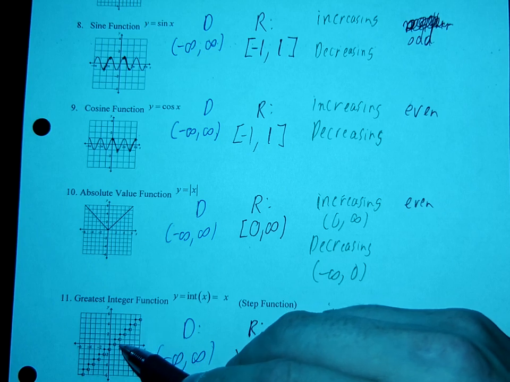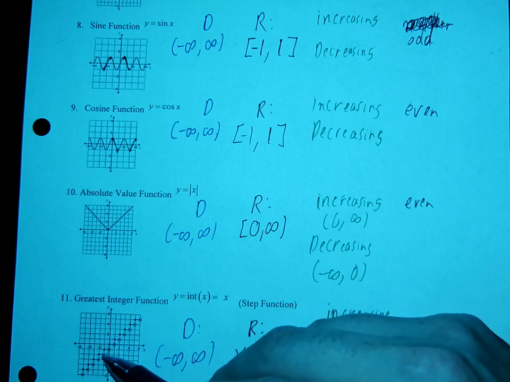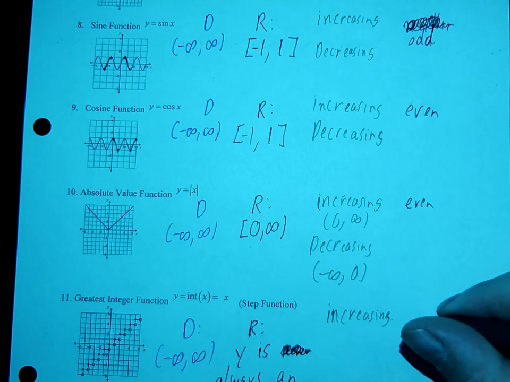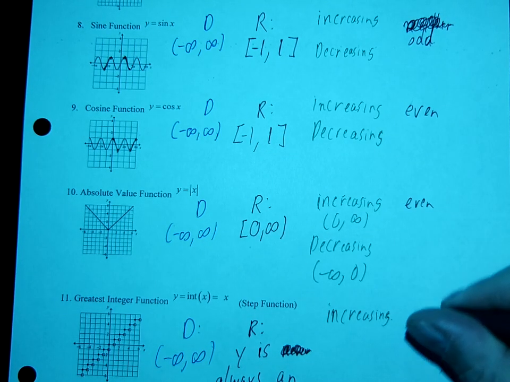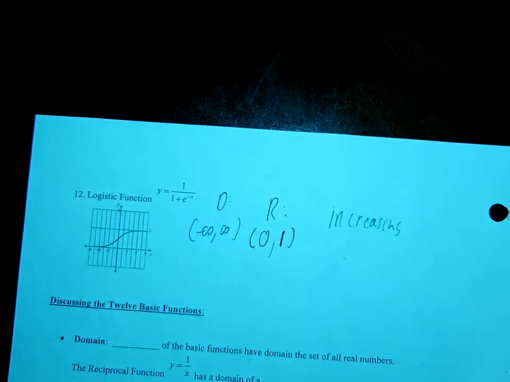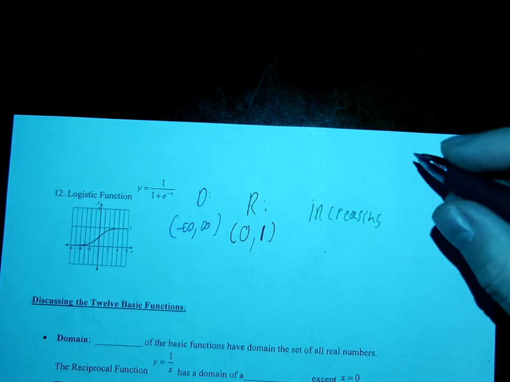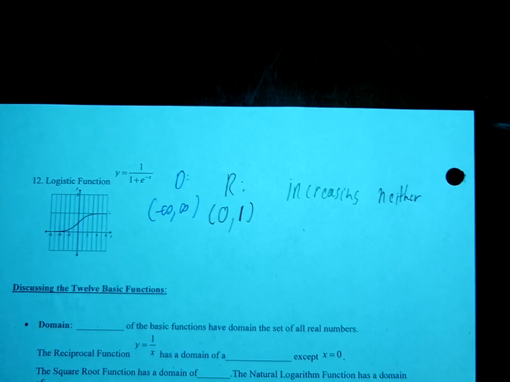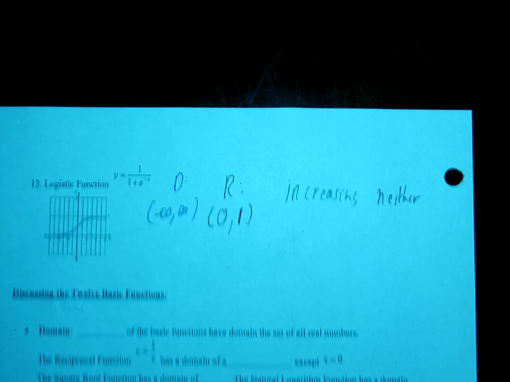And if x was negative 2, y would be negative 2. They're the opposite values. So that is odd. And then on the last page here, even or odd, this would be neither. Neither even nor odd.